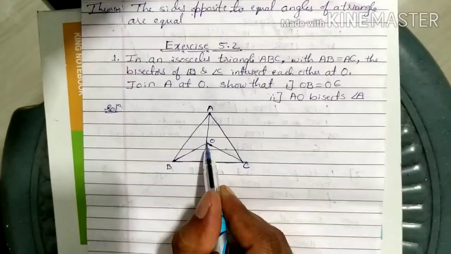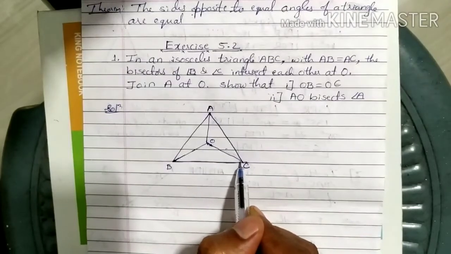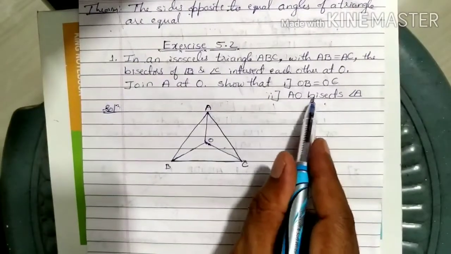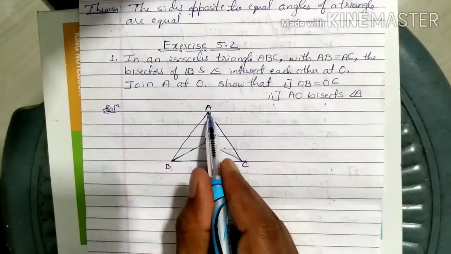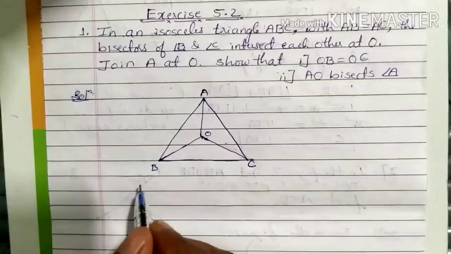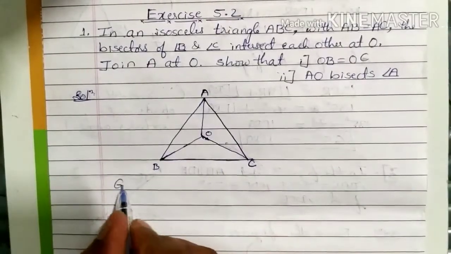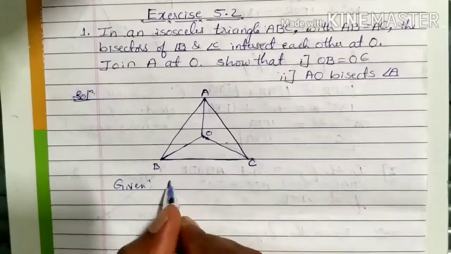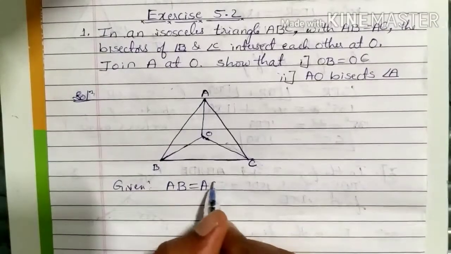We have to prove that OB and OC are equal. Also, AO bisects angle A. First we will write what is given. Given AB is equal to AC.